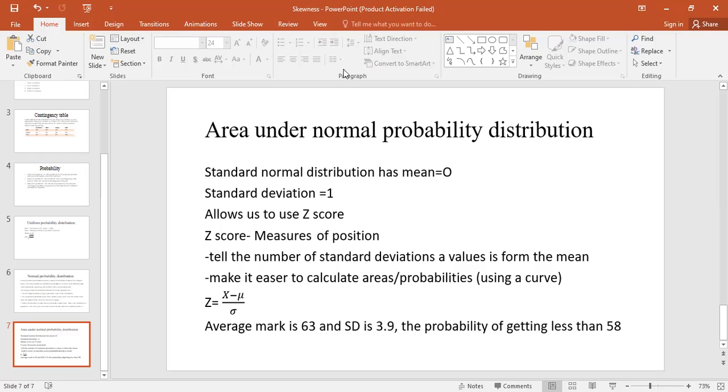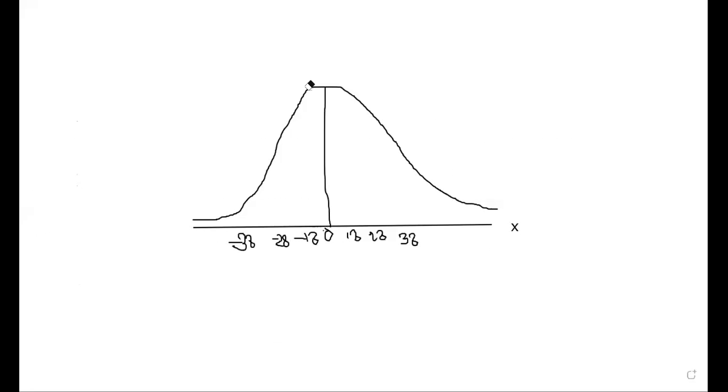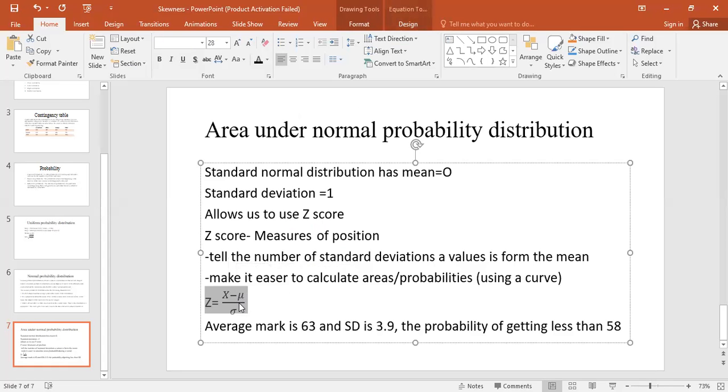So here we can erase this, and I can bring this formula from here. From the formula we have z equals (x minus the mean) divided by the standard deviation. The mean is 60.